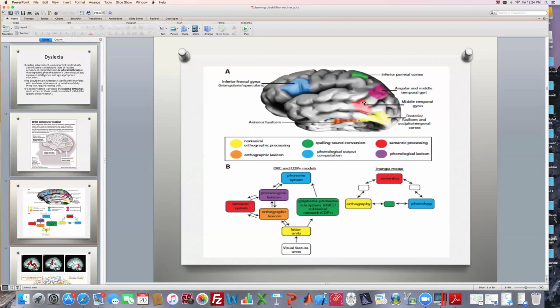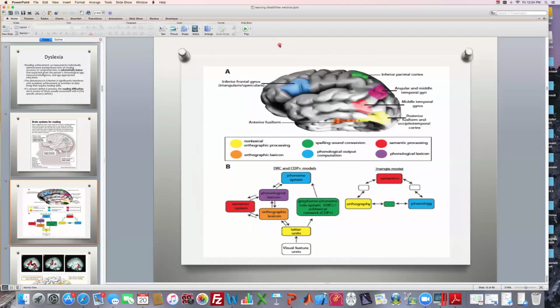The middle temporal gyrus, which is involved in hearing and processing words. The angular and middle temporal gyrus, which is very close to the semantic processing area, and the inferior parietal cortex, which is involved in that as well.